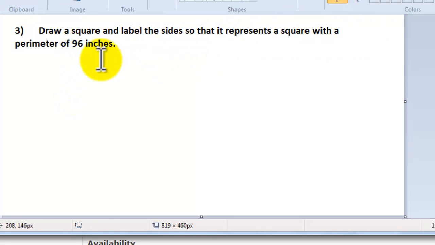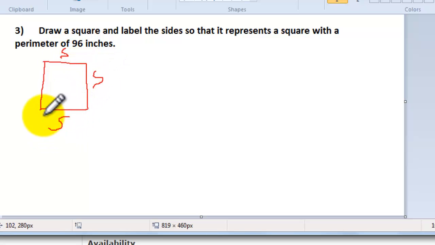Number 3 is draw a square and label the sides so that it represents a square with a perimeter of 96. This is exactly what we had to do in the first part of the previous problem. So if you have a square, each side is s, you have a perimeter that equals 96 inches.